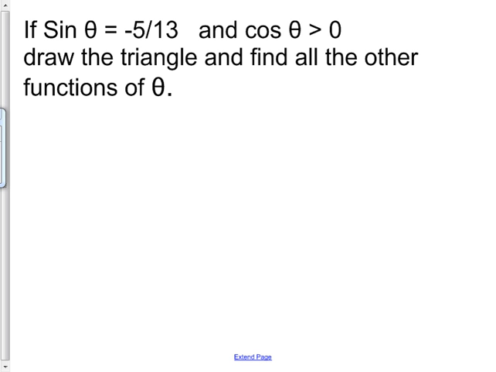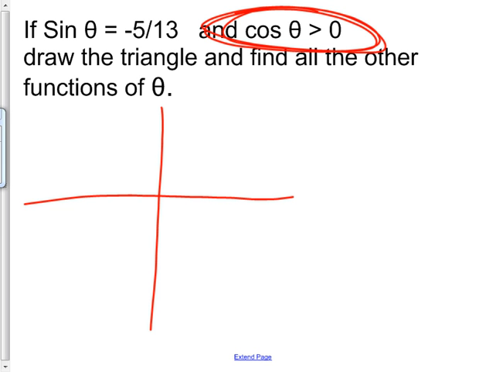Okay, so if sine of theta is negative 5/13 and cosine of theta is greater than 0, draw the triangle and find all the other functions. Here's the key here. What did they tell you by saying cosine was greater than 0? That cosine is positive. If cosine's positive, do you know what my options are? If cosine's positive, can't be here, can't be here.